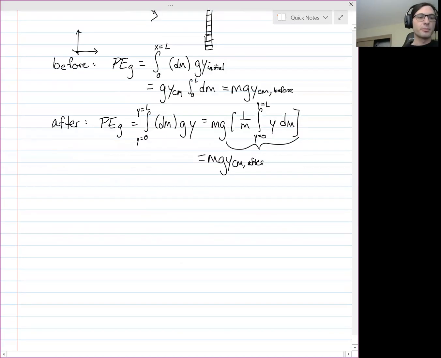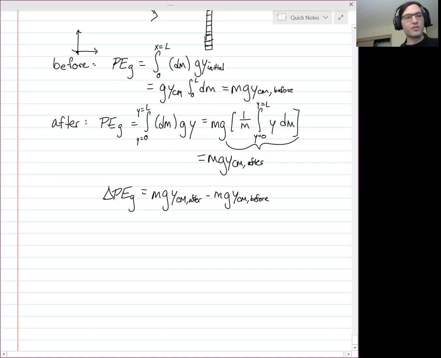So what we see then is that the change in gravitational potential energy of the system is m g y cm after minus m g y cm before, which hopefully you've caught on to now. This is just m g delta y cm. It's just the height difference that we account for when we're talking about gravitational potential energy: the change in height of the center of mass.